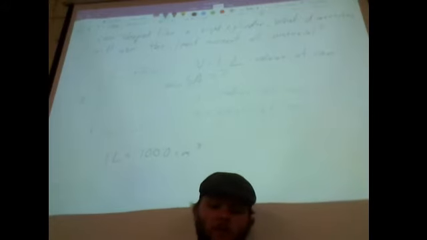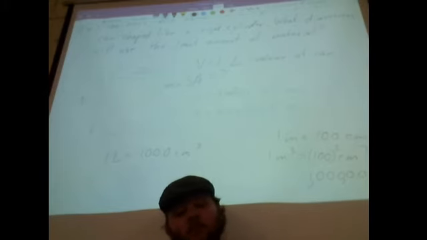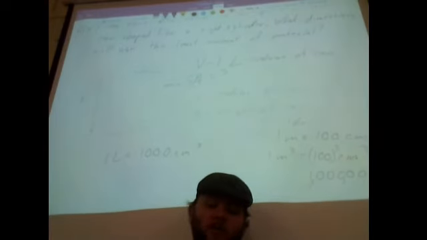Remember, 1 meter is equal to 100 centimeters, right? So if I take centimeters and cube it, that's going to be 100 cubed in 1 cubic meter. So that's not even 1 cubic meter. Okay, 1 decimeter is equal to 10 centimeters.